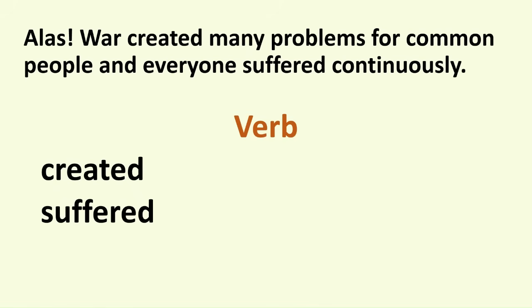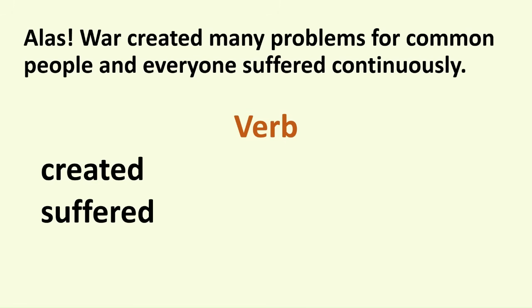In the sentence, we have 2 verbs, and both the verbs are past tense single verbs, only the lexical verb, but a single verb, not a paired verb or 3-4 words as a single verb. War, noun, requires a verb, so we have created.